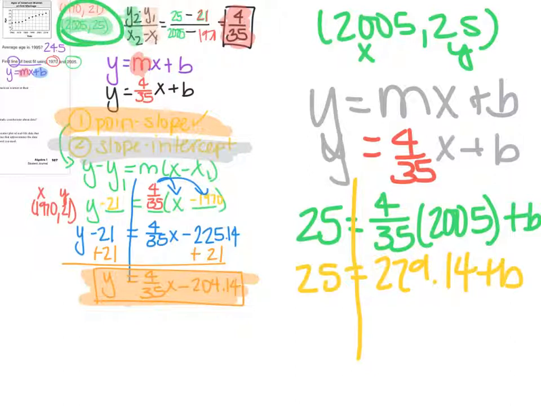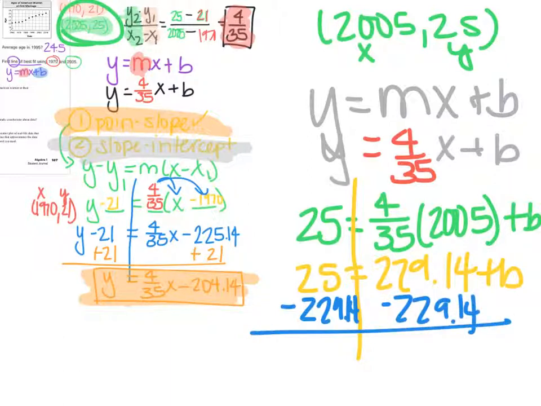And then to get b completely by itself, I do need to subtract 229.14 from both sides. And lo and behold, I'm going to end up with negative 204.14 equals b. So both ways I got the same b value.